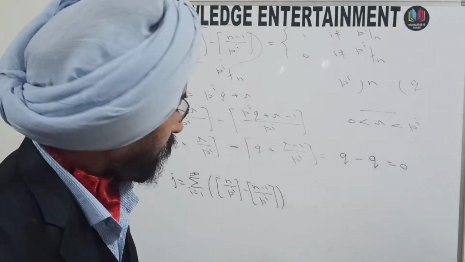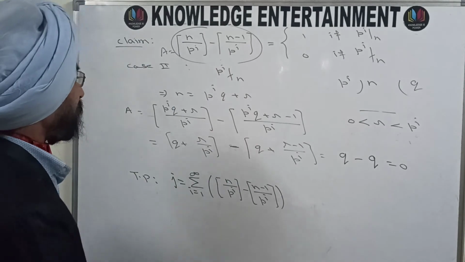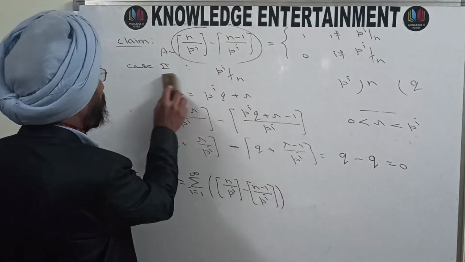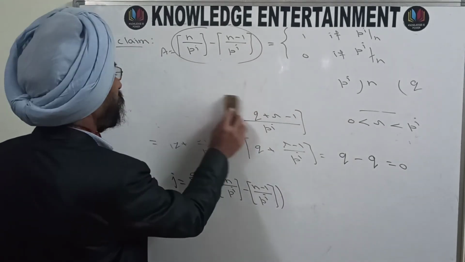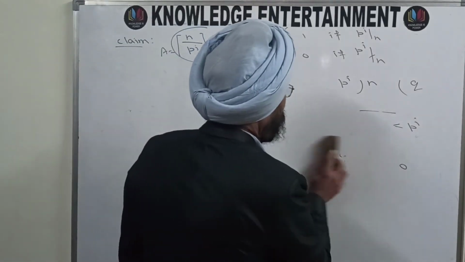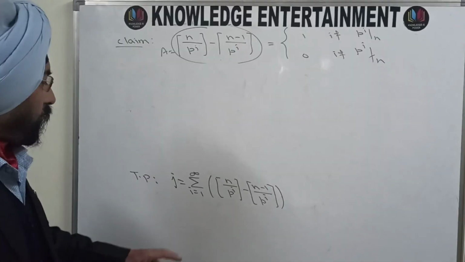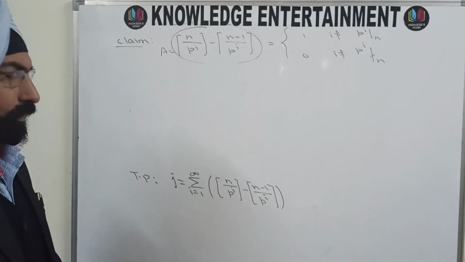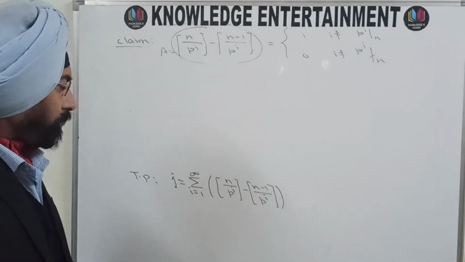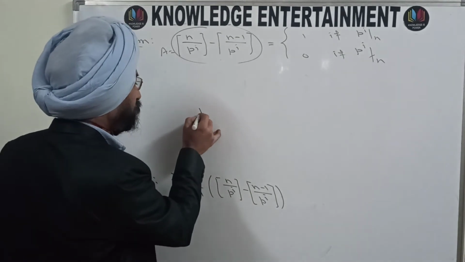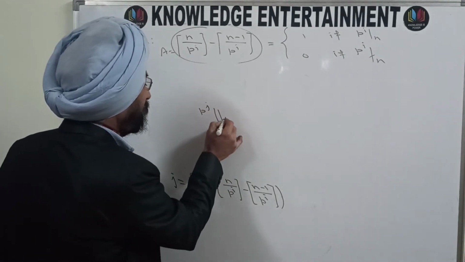Now move on to this result. Look at this result now. We know that p^j max divides n.